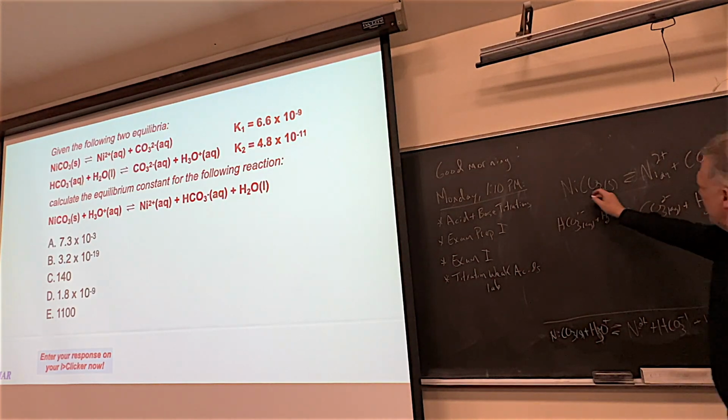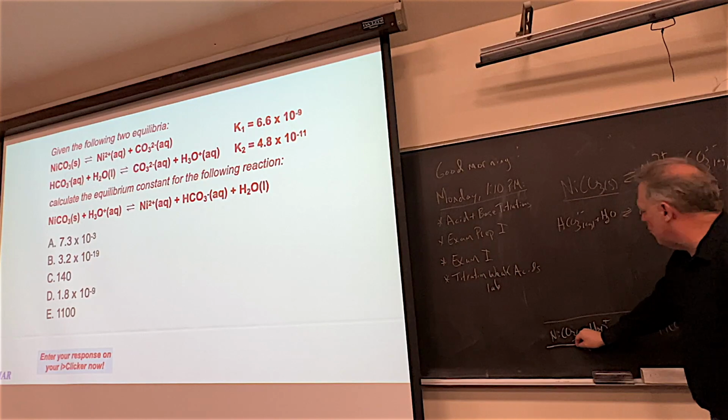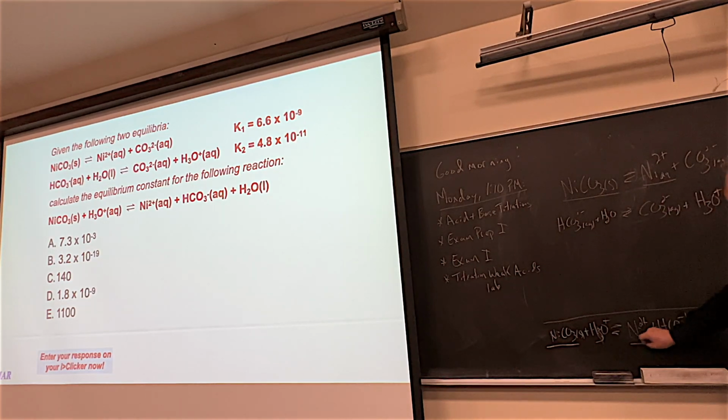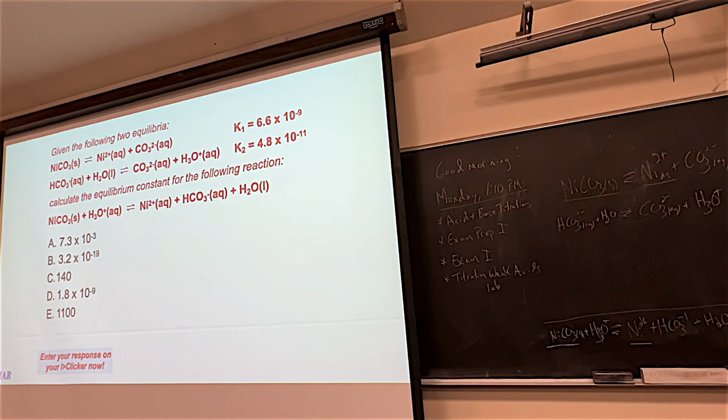So if you look here, nickel 2 carbonate is a reactant in the desired equation. So NiCO3 is a reactant in both, and likewise nickel 2 plus is a product in both the first equation and the desired equation. So what that means is we don't want to flip that equation around.